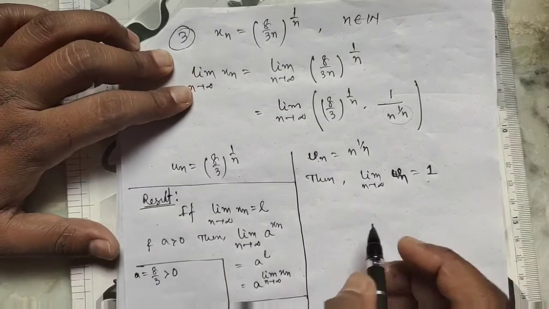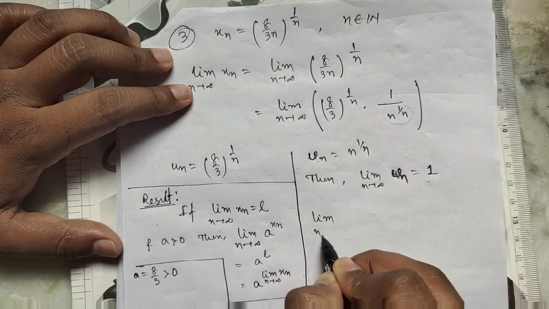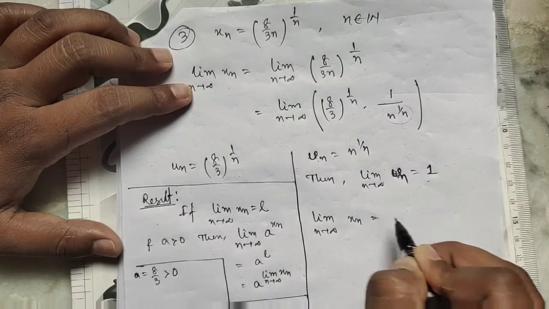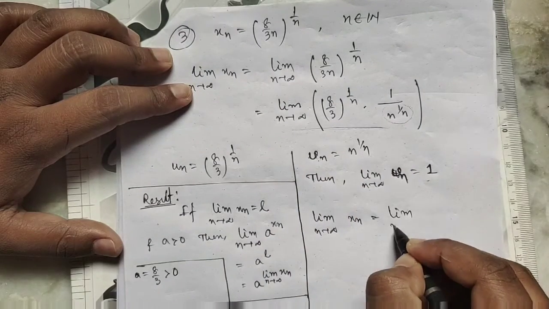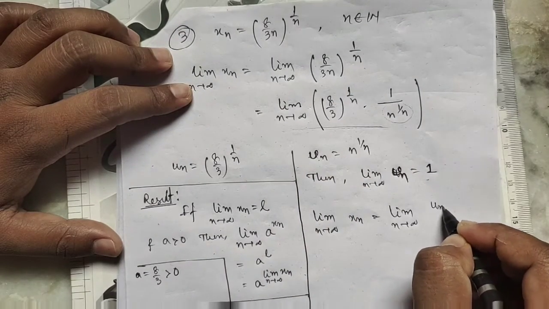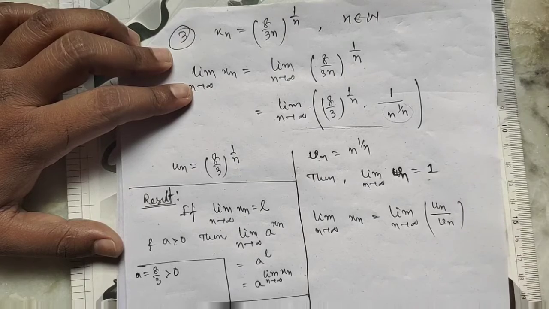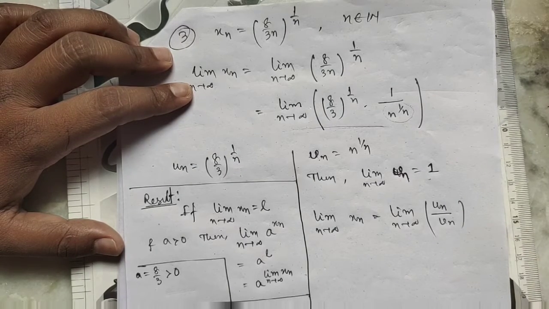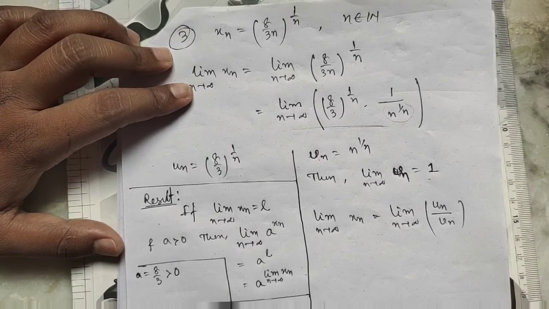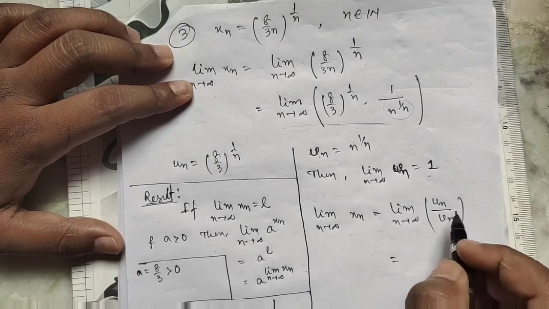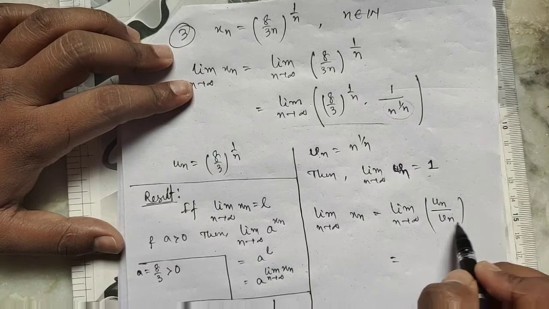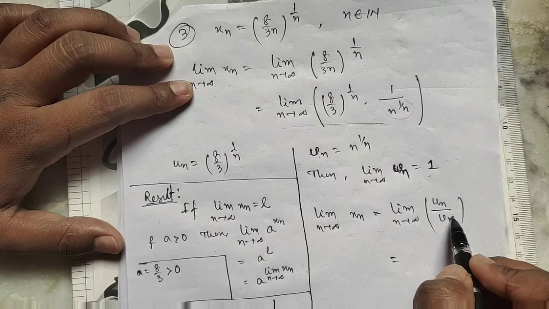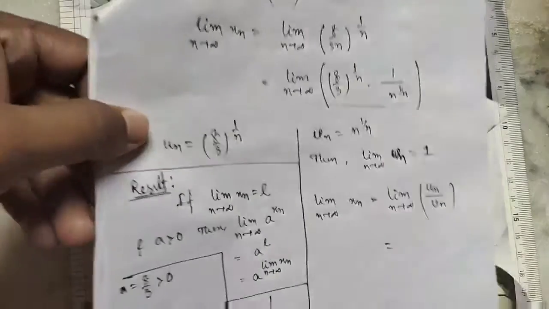Now what is our limit xn? Limit n tends to infinity xn equals limit n tends to infinity un by vn. This converges to limit un by limit vn if each vn is not equal to 0 and the limit of vn is not equal to 0.